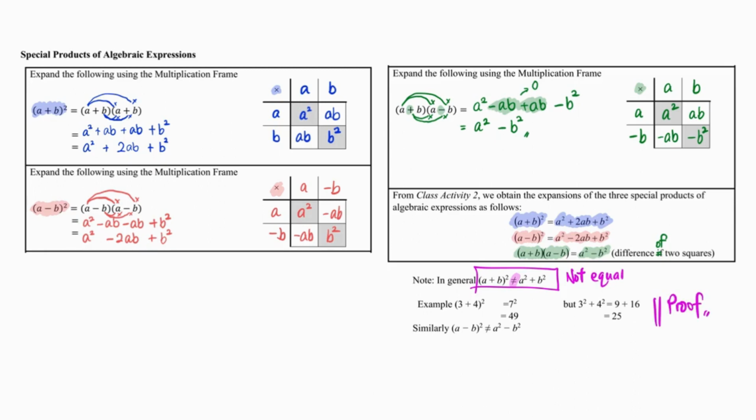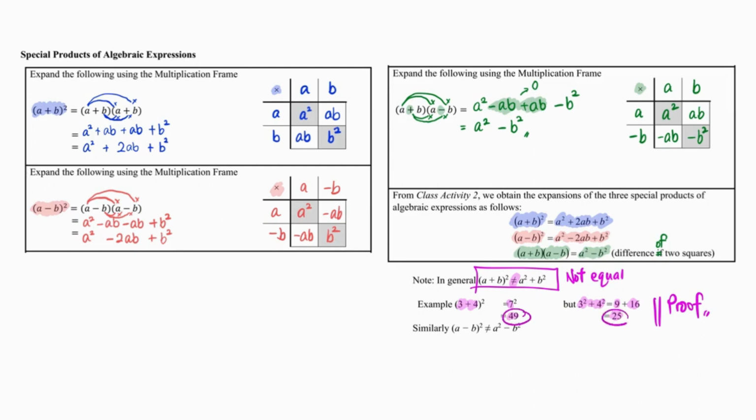Example, if we put (3 plus 4) square, 3 plus 4 is 7, and 7 square is 49. But if I do 3 square plus 4 square, 3 square is 9, 4 square is 16. I add them out, it's 25.